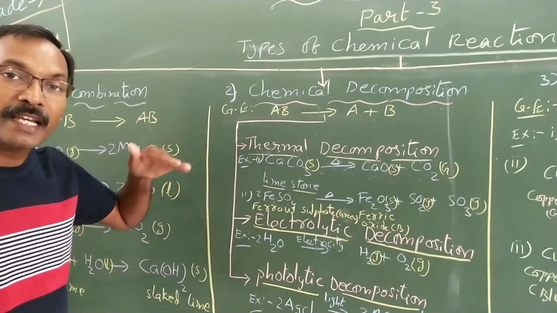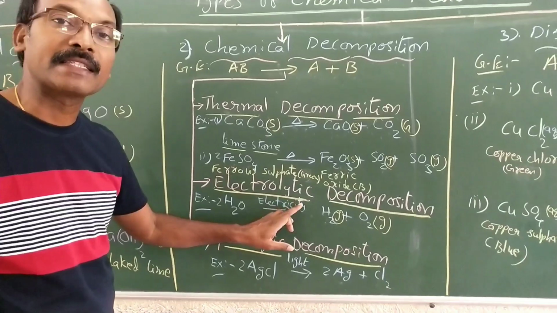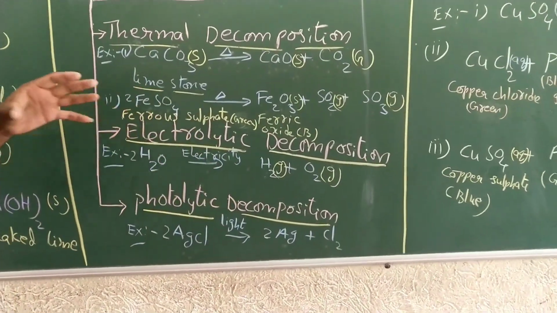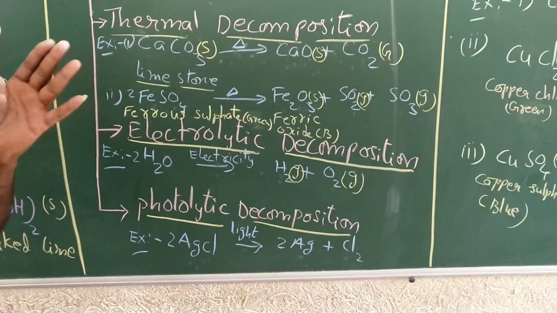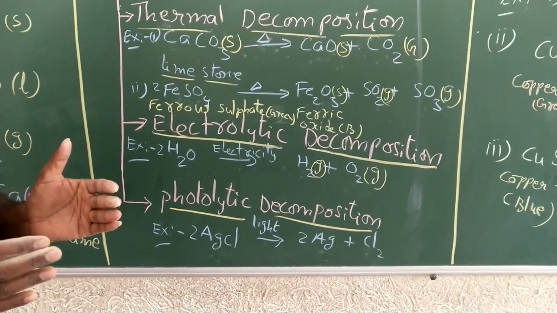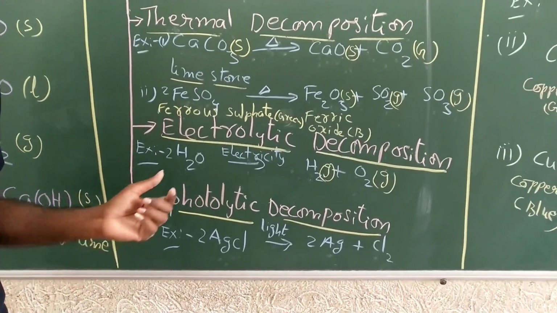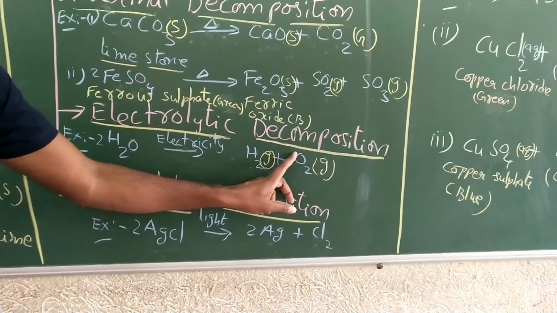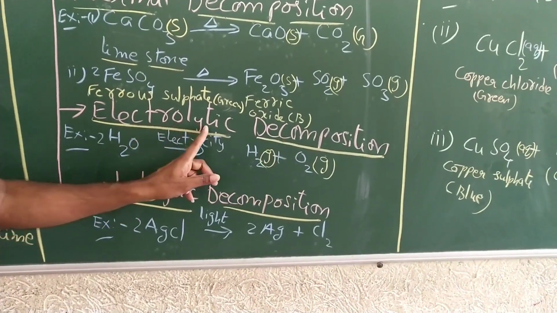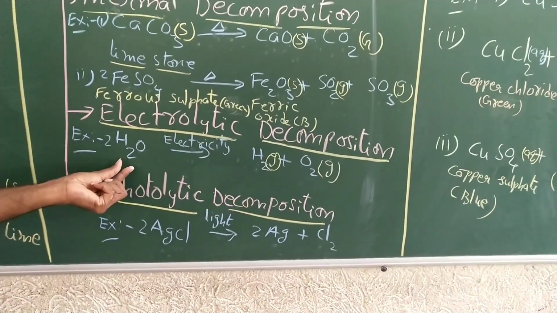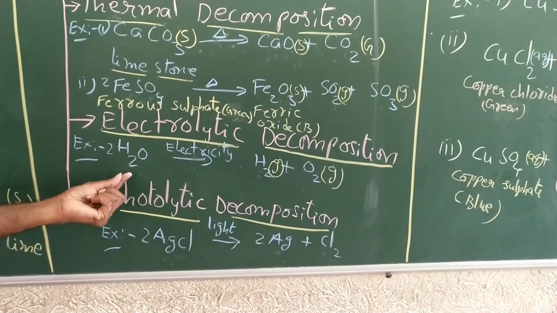Now come to the second category, where you require electricity. In the presence of electricity, if any compound is broken down into its constituents, then that is electrolytic decomposition. The best example we can take for this is water.